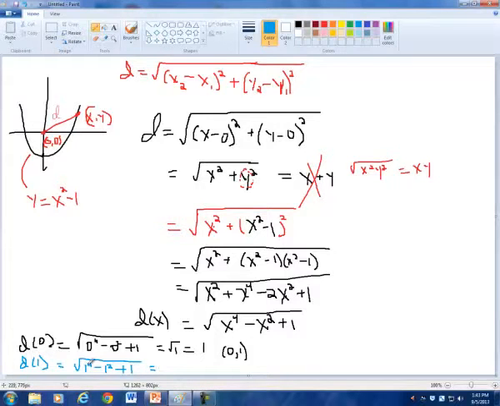And so 1 to the fourth, that's just 1. And 1 squared, that's 1. And then plus 1. So again, we get the square root of 1. And again, that's 1. So that would be 1, 1.